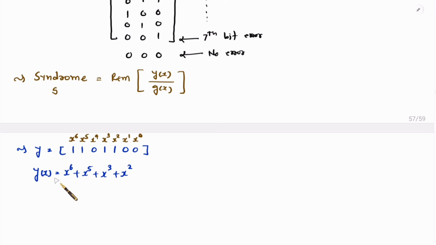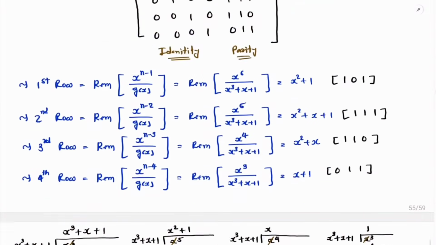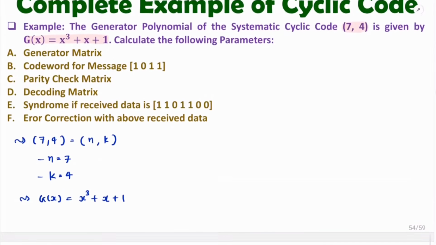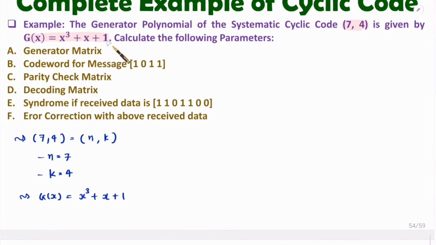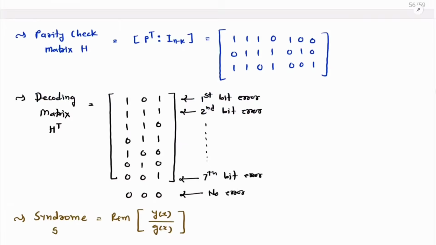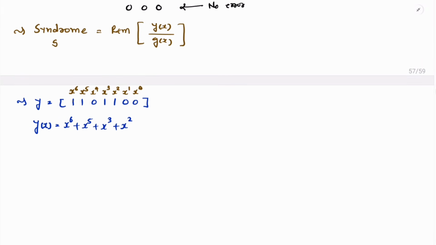That is how we have y of x. G of x that is given in question. You can observe in question g of x is given, that is x cube plus x plus 1. So let me note it over here. See, g of x that is given, that is x cube plus x plus 1, that is given in question, right?